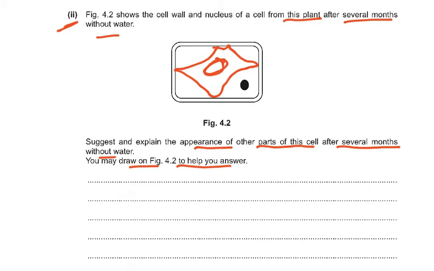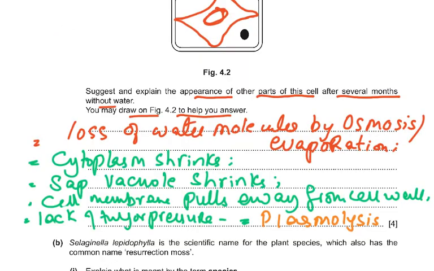So if you wanted to label it on the diagram, you could have done that, or if you just wanted to write it, you could have done that as well. So basically, you've got to explain it and write it correctly. Loss of water molecules by osmosis, and cytoplasm is going to shrink. This is, of course, we're talking about wilting. Cytoplasm shrinks, sap vacuole will shrink, cell membrane pulls away from the cell wall, lack of turgor pressure, and the word is plasmolysis for this.